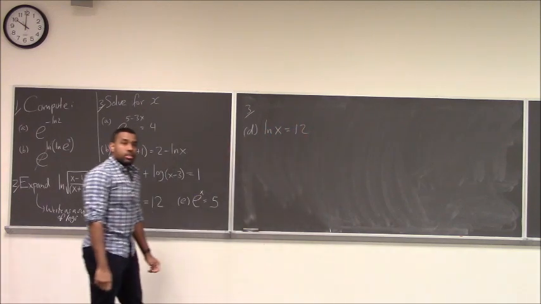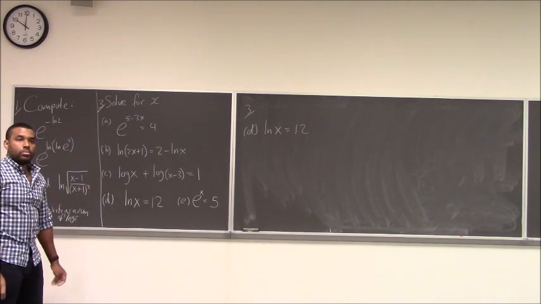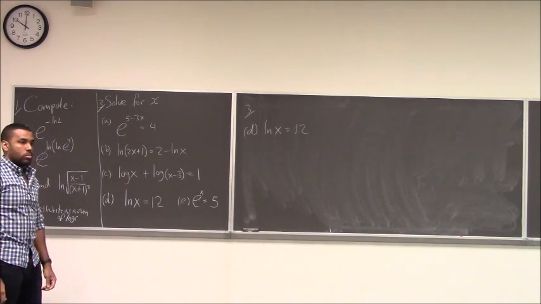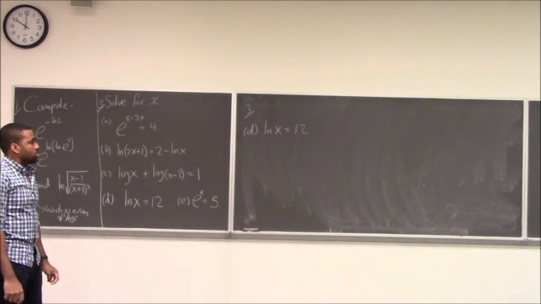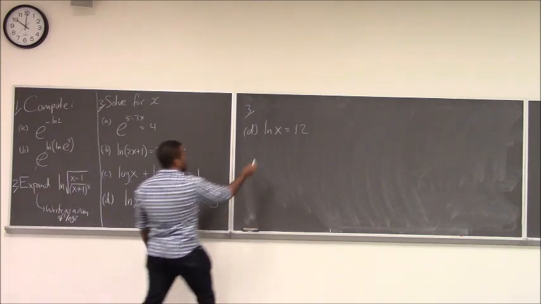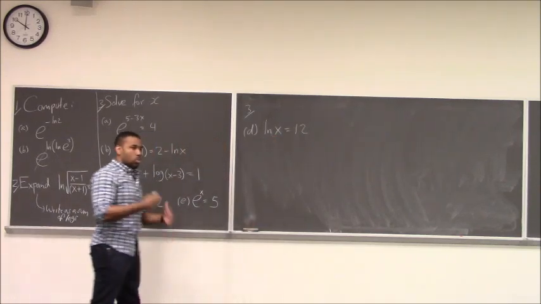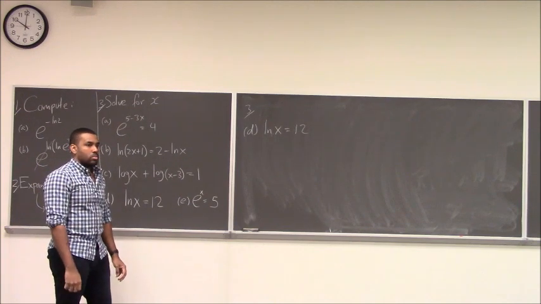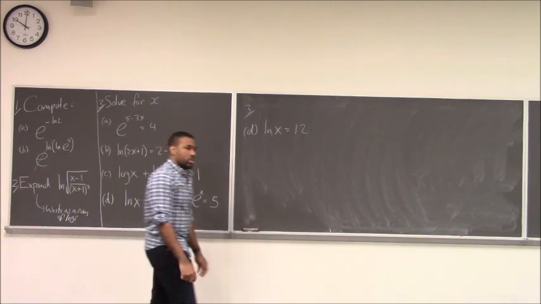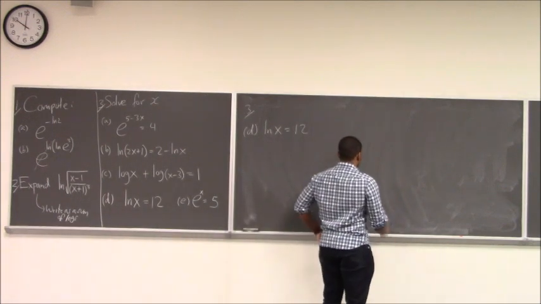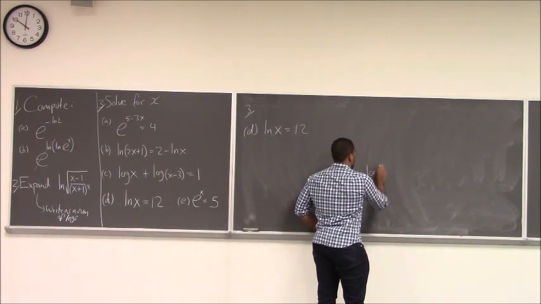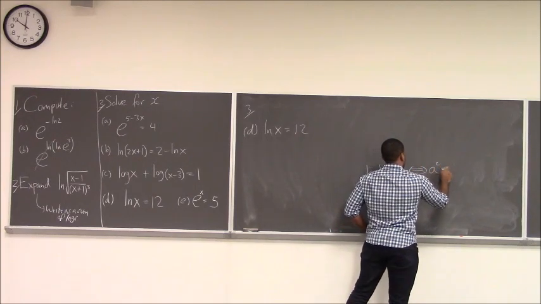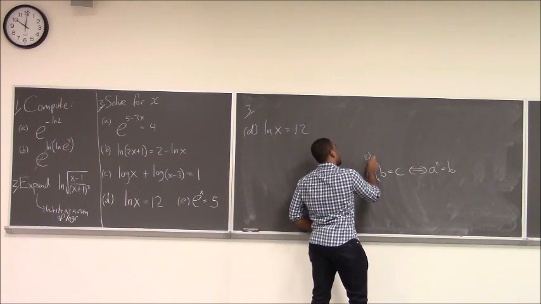How do you solve for x? e to the 12 equals x. How? Because the base is e. Right, because there's a base e here. So why can you say that? What were you thinking? The rule of how you can convert. Which rule? Rule 1, that log base a of b equals c, and then a to the c equals b.